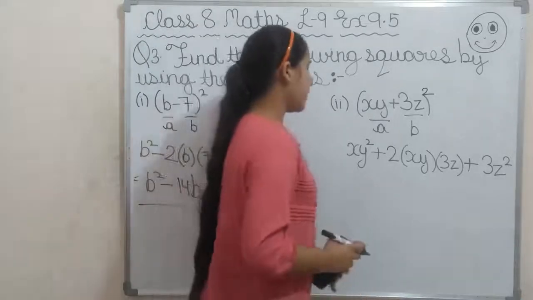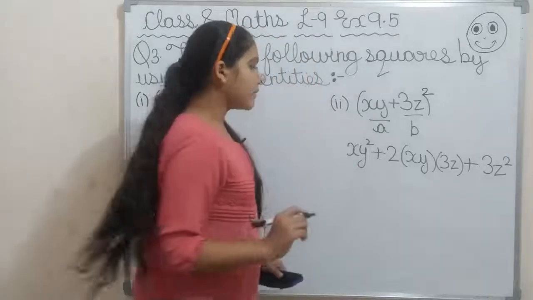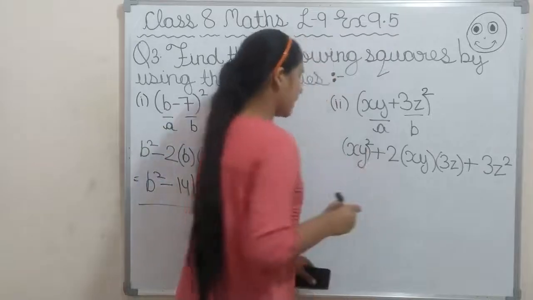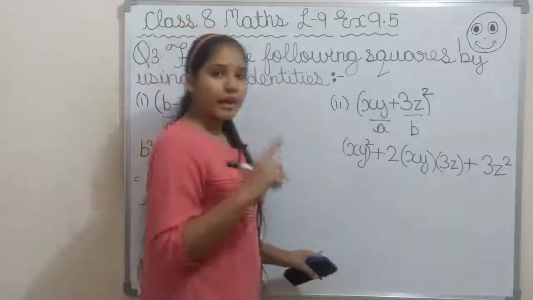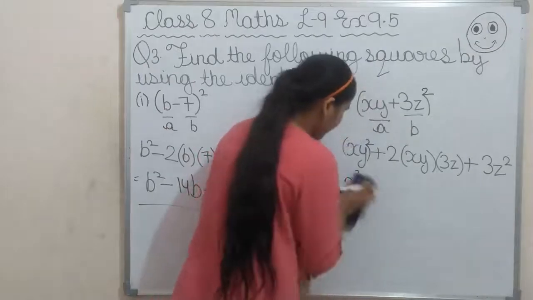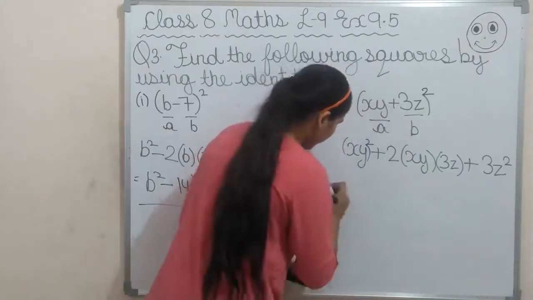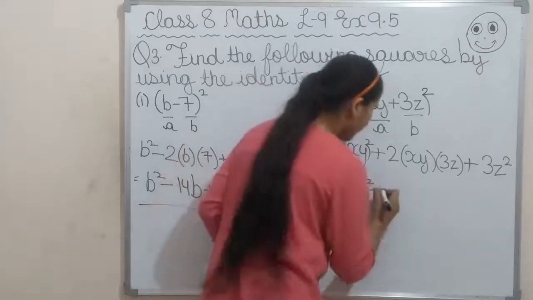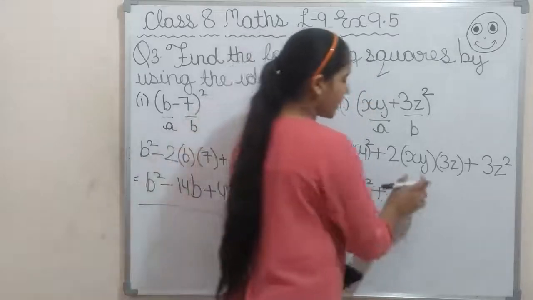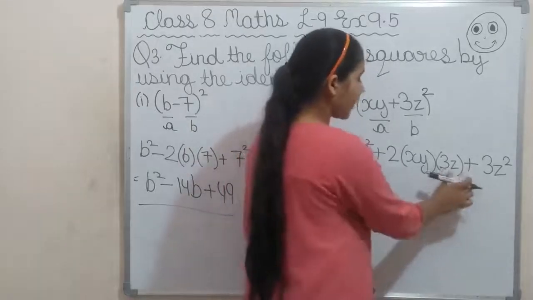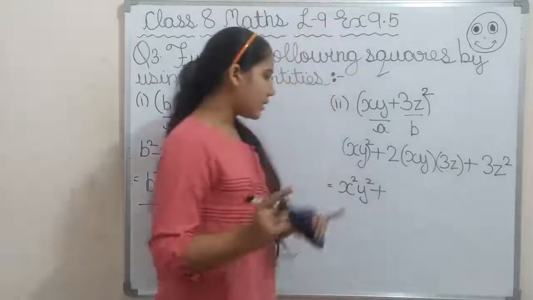So xy square, it should be a whole square, so it becomes x square y square. Don't get confused. So x square y square plus 2 into xy. First we will multiply the constants: 2 threes are 6, into xy into z, means 6xyz.